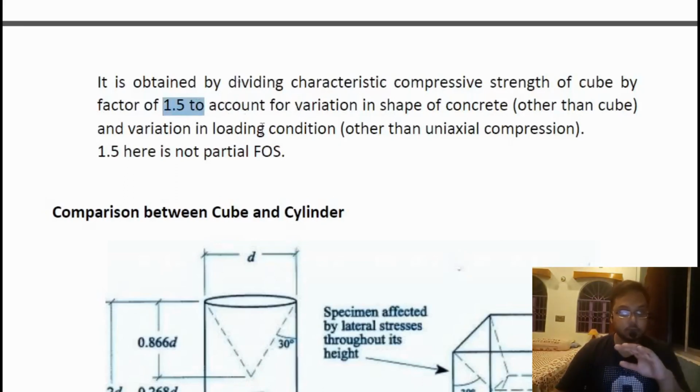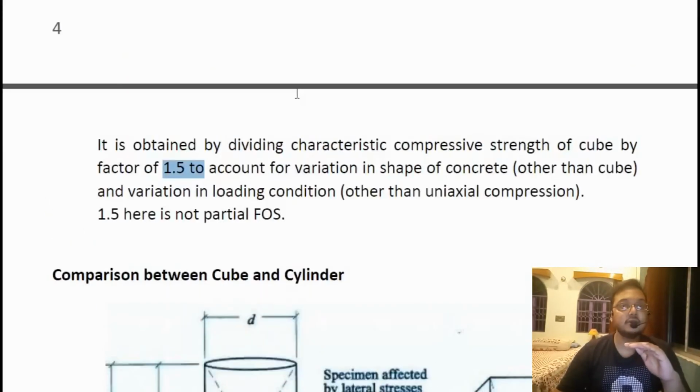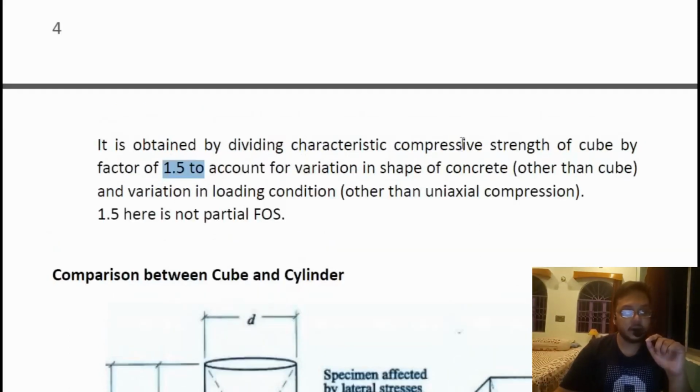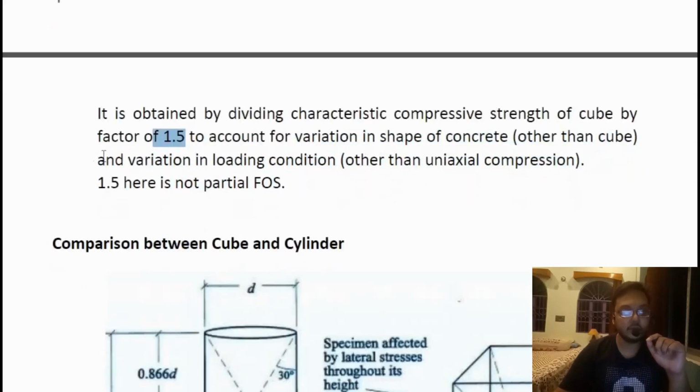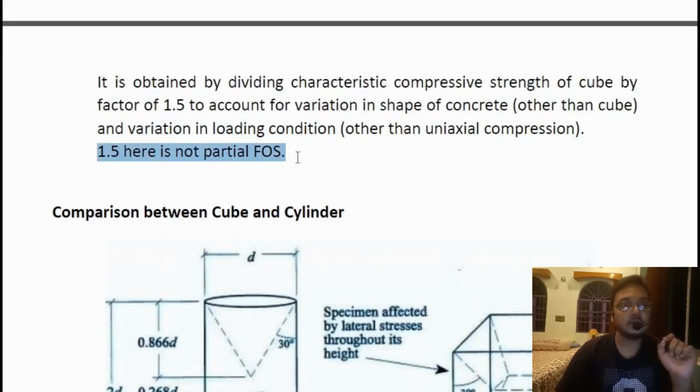So other than cube, to make it a generalized factor, I will divide that particular strength obtained by that cube with factor 1.5, and the variation in the loading condition will also be considered. Also just check that 1.5 here is not the partial factor of safety.